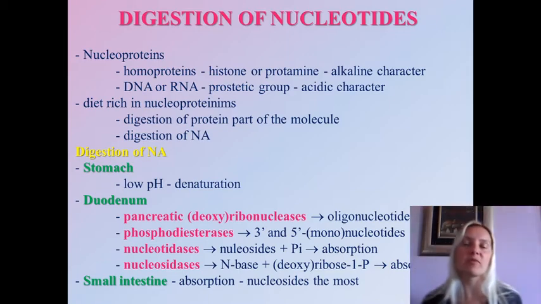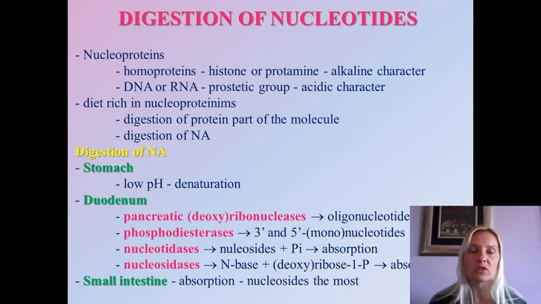We have a couple of pancreatic enzymes which are active in duodenal juice, and those are pancreatic deoxyribonucleases, which are actually breaking down huge nucleic acid molecules into oligonucleotides.